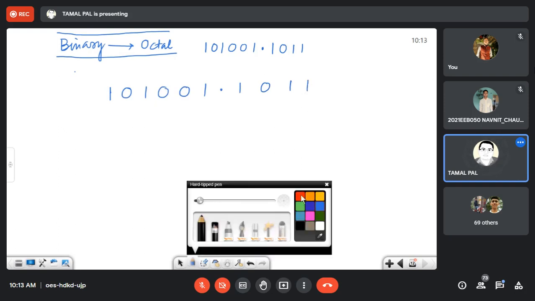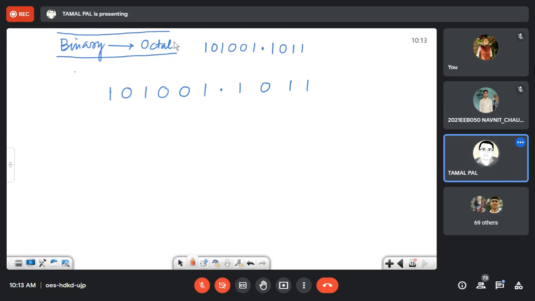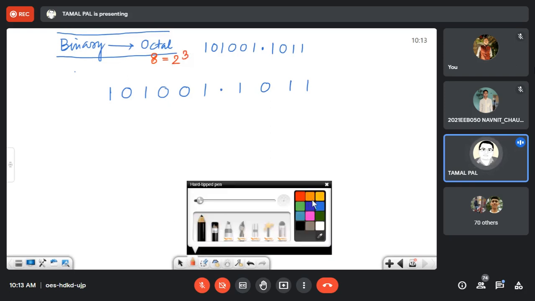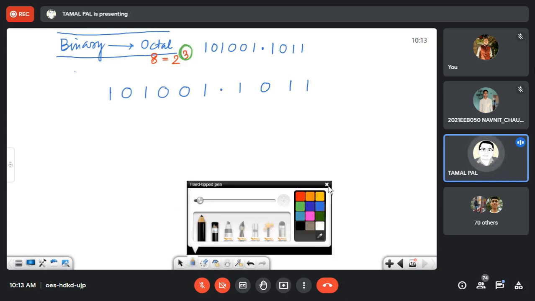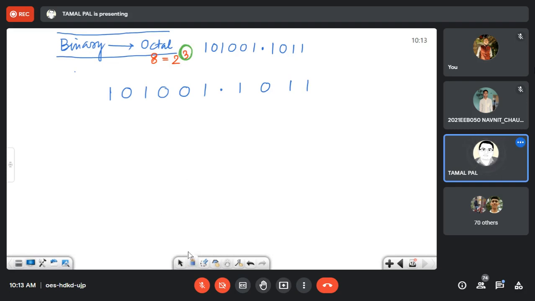Since it is octal, octal means base 8, and 8 means 2 to the power 3. So I am highlighting that number 3. Why am I highlighting it? Because I will make groups of 3.